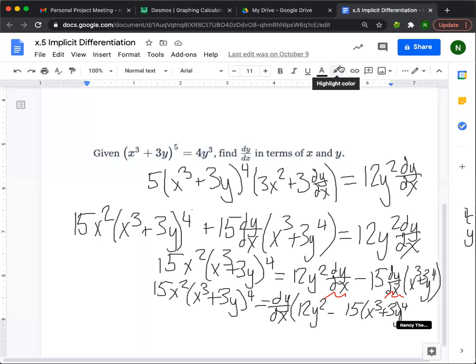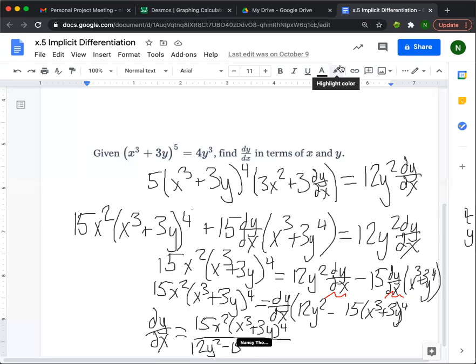Okay, so from here, I then get to divide. So I am left with my final answer of dy/dx is equal to 15x squared times the quantity of (x cubed plus 3y) raised to the fourth power, divided by the quantity of 12y squared minus 15 times the quantity of (x cubed plus 3y) raised to the fourth power.